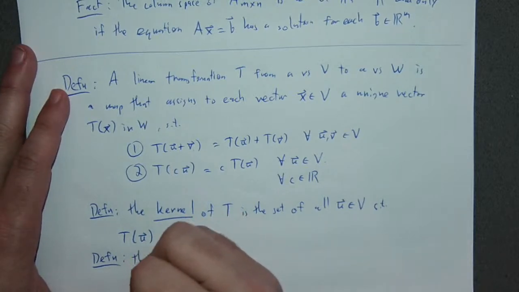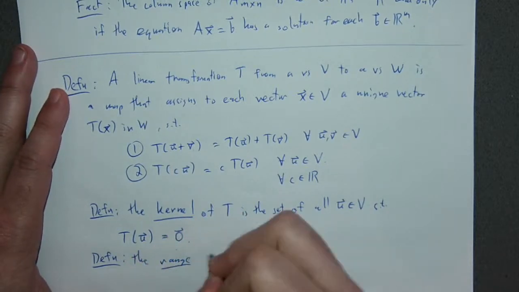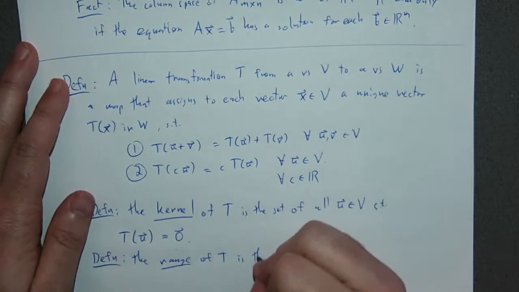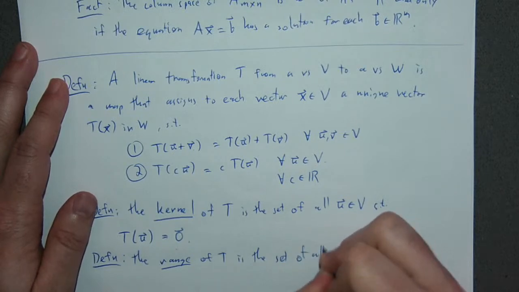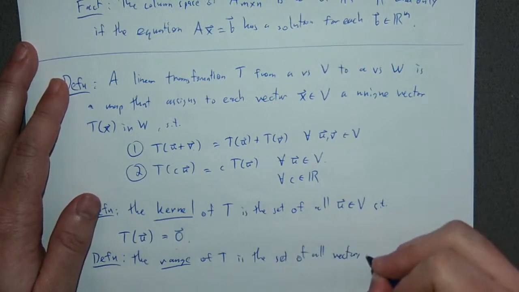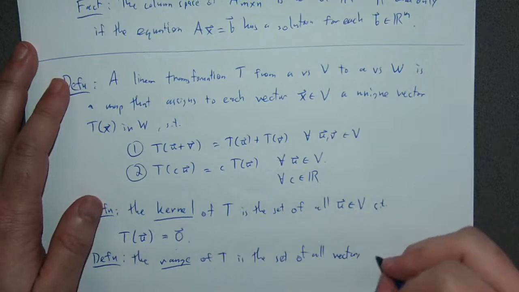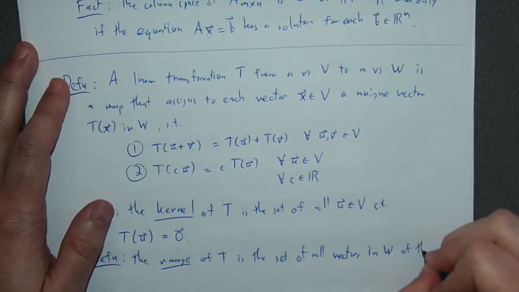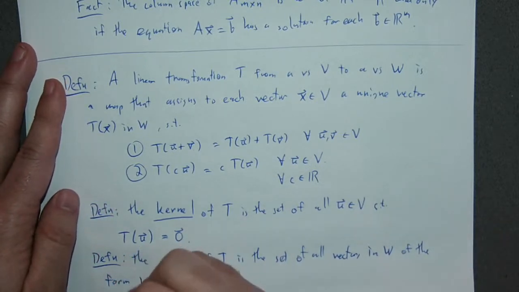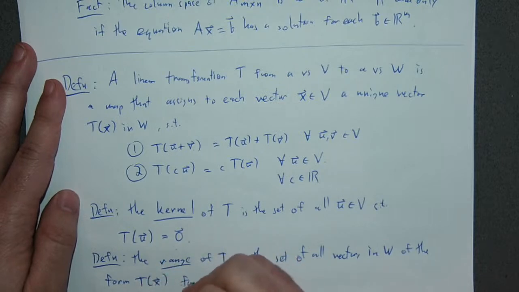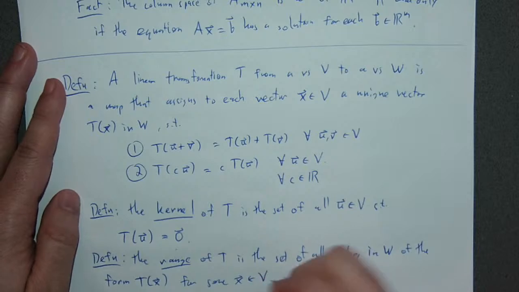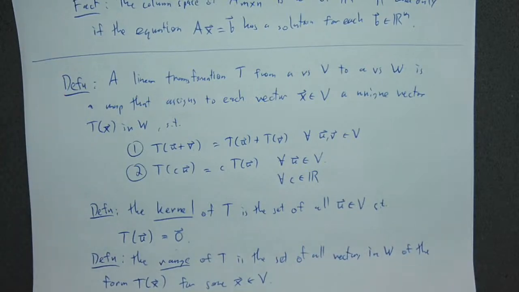And the range of T is the set of all vectors in W of the form Tx for some x in V, so how it was defined before.